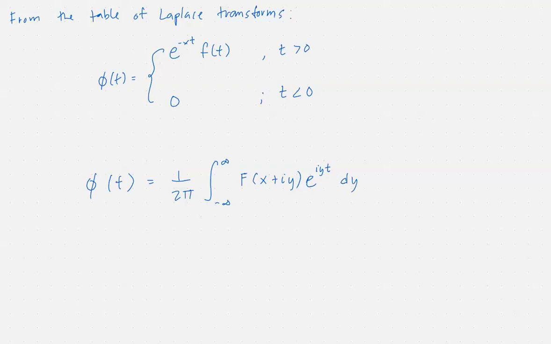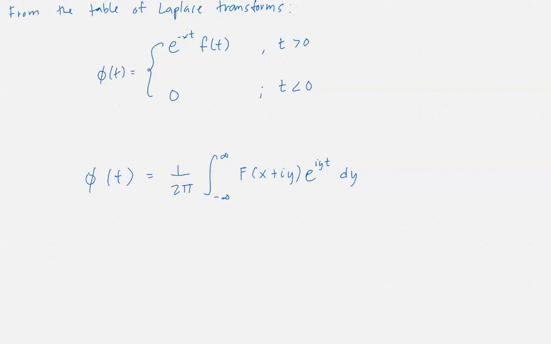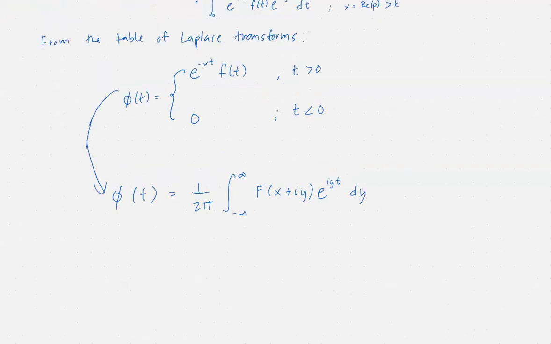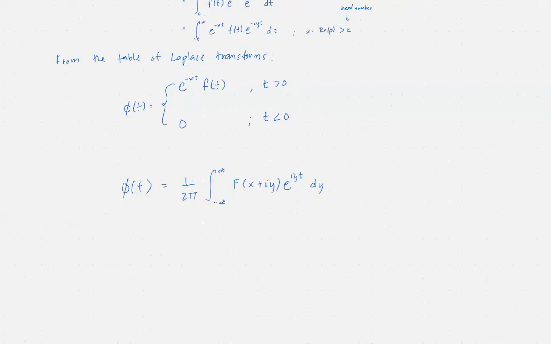All right. Now using the definition that we have here, these two are both phi of t. Let me fix this. We can change the value of our function. Now, how do we do that?